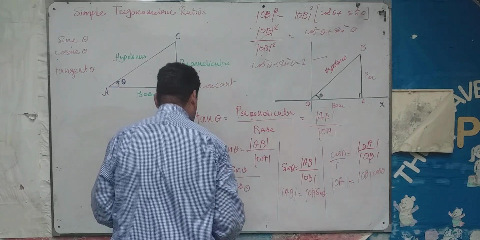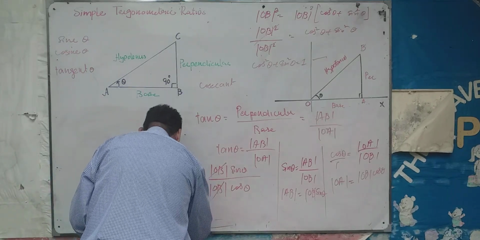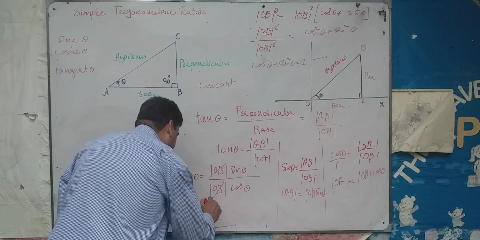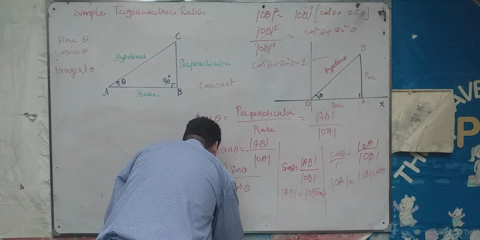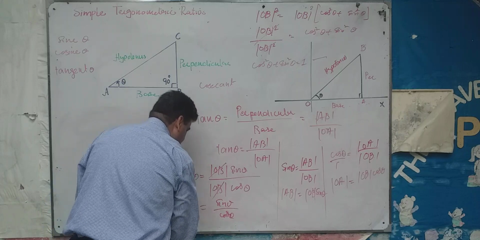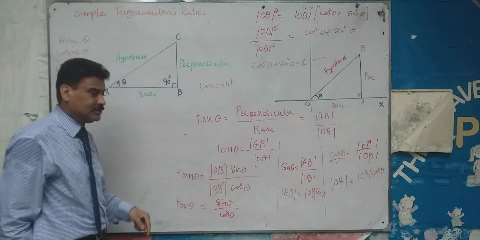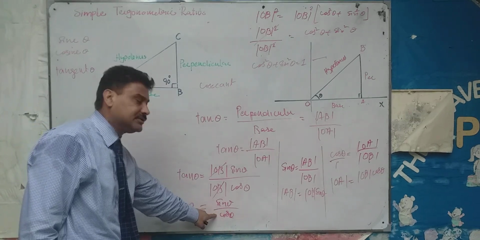Now we cancel OB by OB, and we get tan theta is equal to sin theta by cos theta. Hence, you always remember tan theta is equal to sin theta by cos theta.